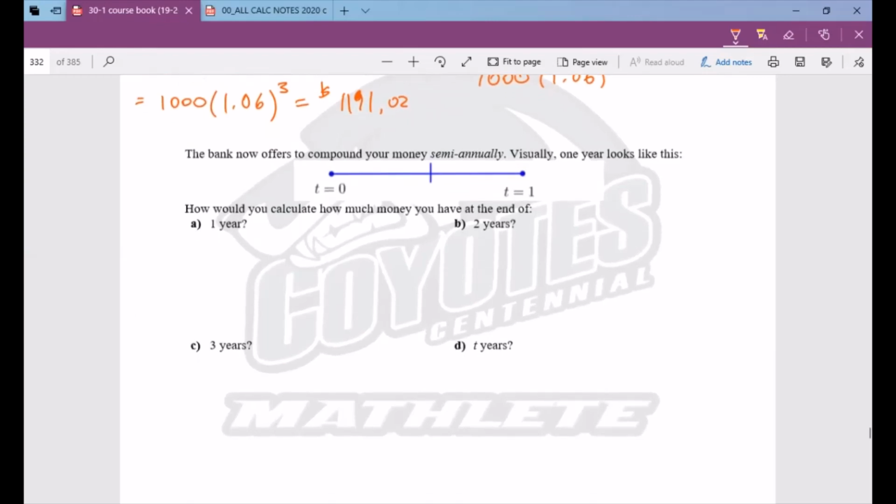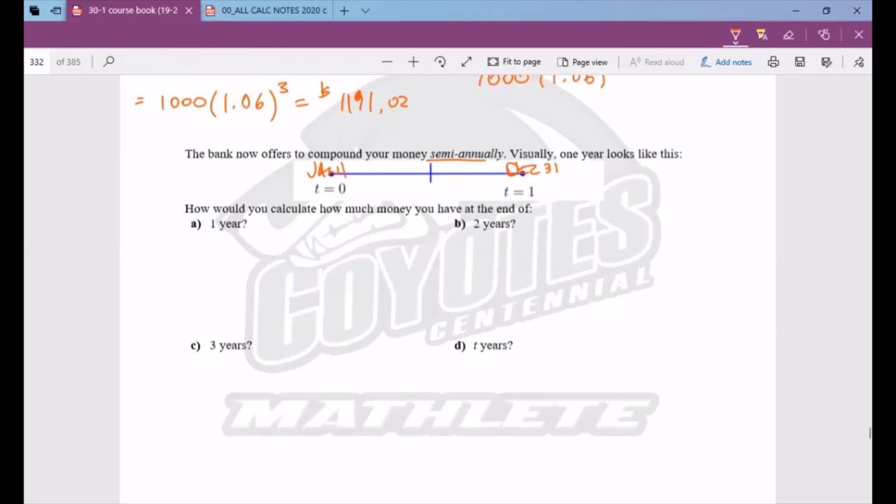Now, the reality is most banks aren't going to pay you interest just once at the end of the year. So if you make your deposit on January 1st, at the end of 1 year, December 31st, you would get paid your 6%. But if your bank allows you to be paid semi-annually, semi means half, so that's every half a year.